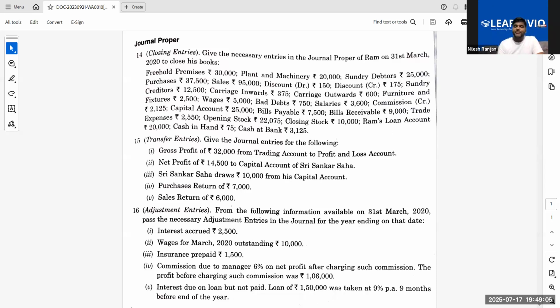You don't remember some concepts of journal, ledger, trial balance, everything. So you need proper revision of the topics. Please do it. That is important because your 12 marks depend on it. Is that clear?